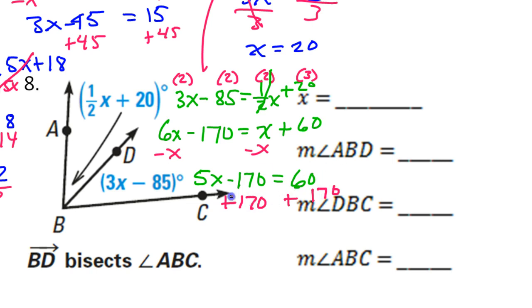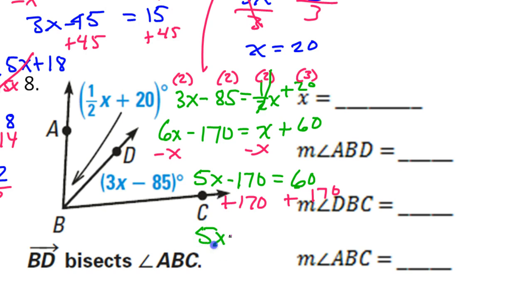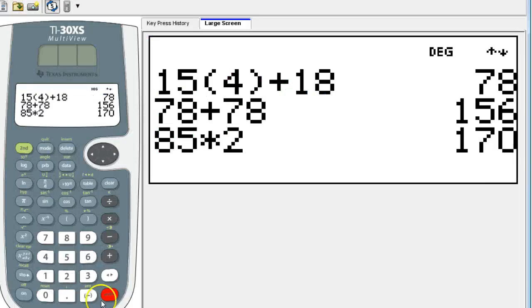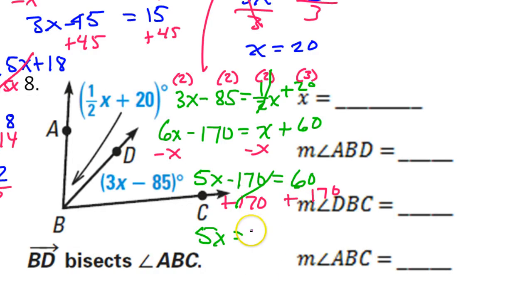Okay, so we have that. So that's going to give us 5x is equal to, these cancel out. So 60 plus 170, that's what, 130? I mean 230. Yeah, 230.